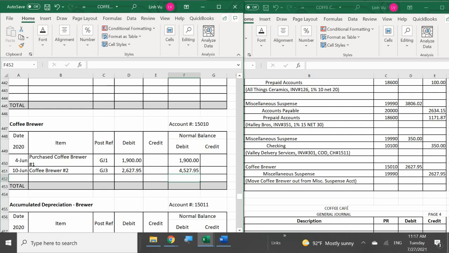I made note that my first coffee brewer is worth $1,900 and my second coffee brewer is $2,627.95, giving me a grand total of $4,527.95. And that is it. Did I deal with anybody to transfer this coffee brewer out from my miscellaneous expense?